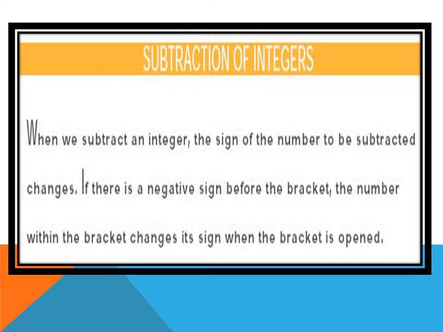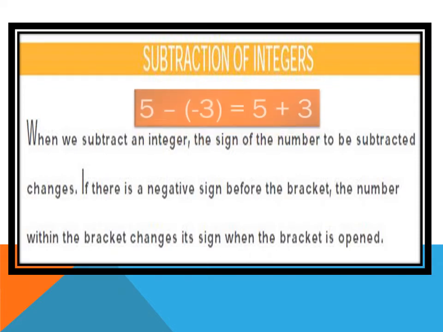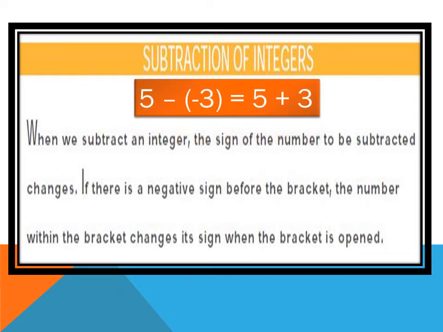When we subtract an integer, the sign of the number to be subtracted is changed. If there is a negative sign before the bracket, the number within the bracket changes its sign when the bracket is opened. For example, if we subtract minus 3 from 5, that means 5 minus minus 3. When we open up the bracket, the sign in front of 3 will change into a positive one.